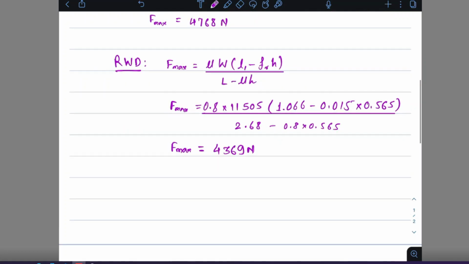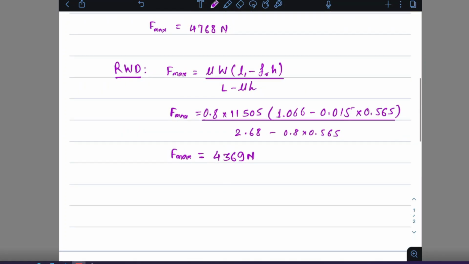So if we were to compare, F max in case of front wheel drive is greater than F max in case of rear wheel drive.